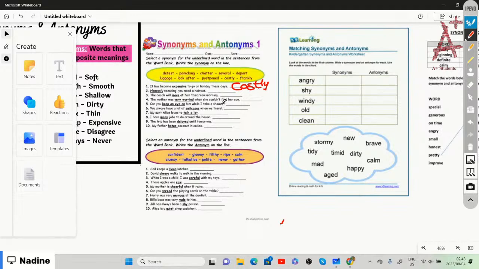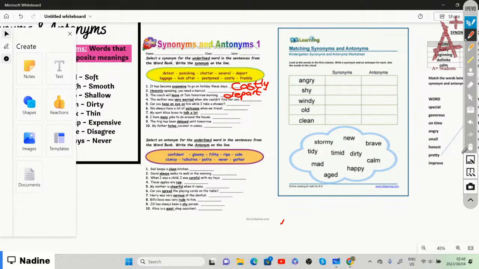Honestly. Leave, depart. And that is but a few of the synonyms.